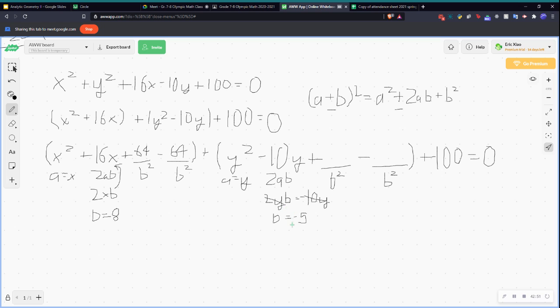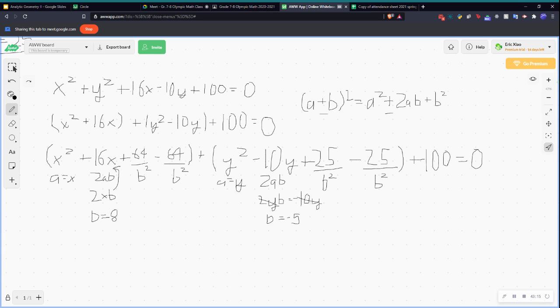And so we take b squared, so negative 5 squared, the negatives would cancel out, and that would just give you 25. So this would be 25, and also we have to subtract 25. We have to make sure that this whole line is equal to the previous line as well. So that's why we add and subtract these numbers.